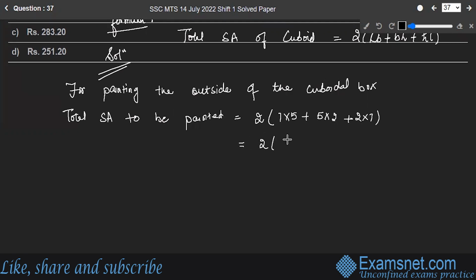So this is equal to 2 into 35 plus 10 plus 14, which is equal to 2 into 59. That is equal to 118 meters square. So this is the total area which is to be painted.